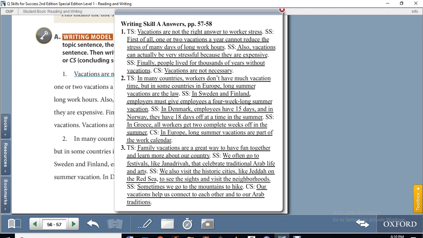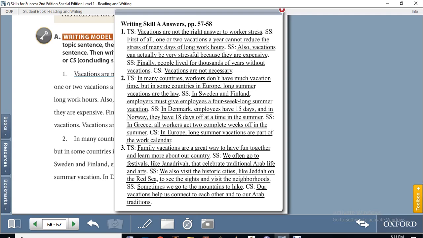"In Denmark, employees have 15 days, and in Norway, they have 18 days off at a time in the summer." The next sentence is also a supporting sentence. "In Greece, all workers get 2 complete weeks off in the summer." The last sentence is the concluding sentence. "In Europe, long summer vacations are part of the work calendar," so CS.